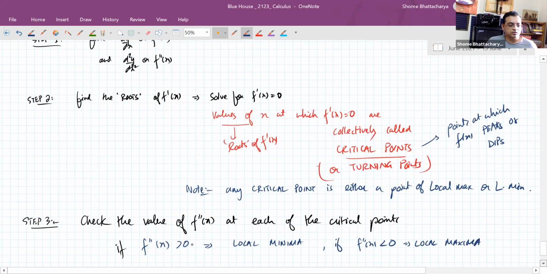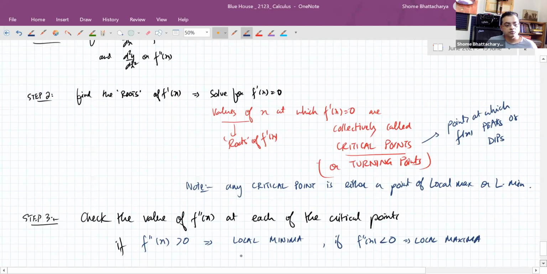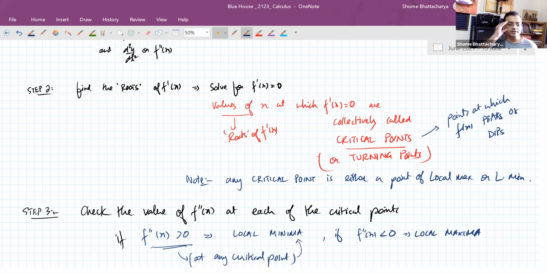So this is of course at a critical point, not at any general point. Then at that critical point, we have a local maxima, sorry, minima.